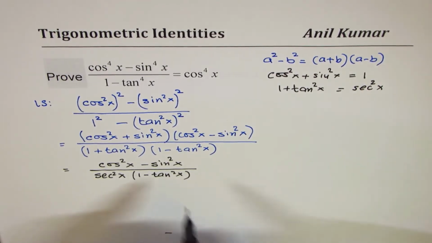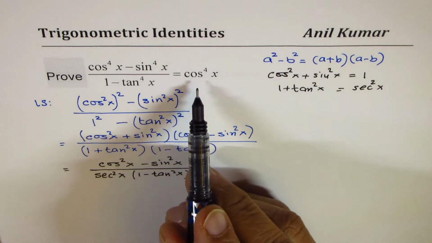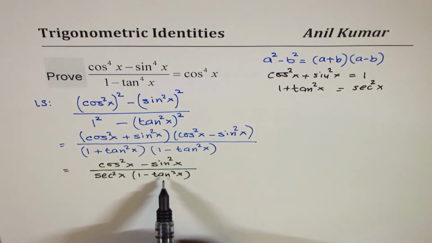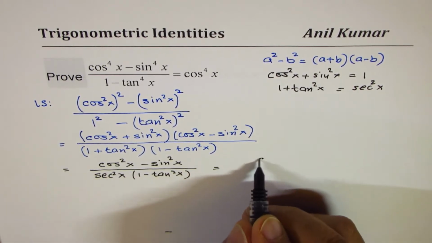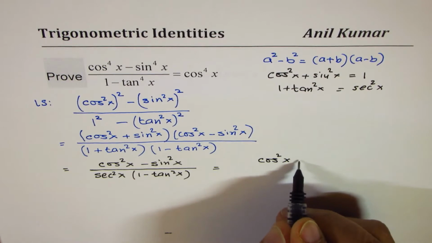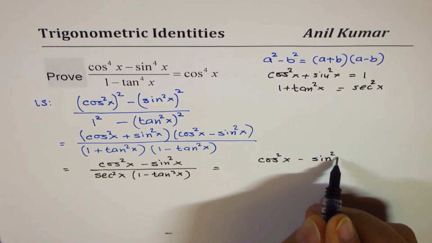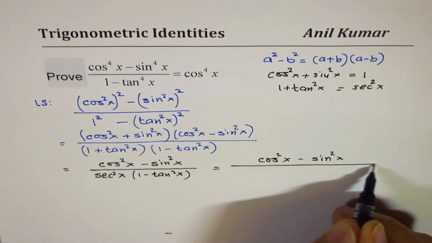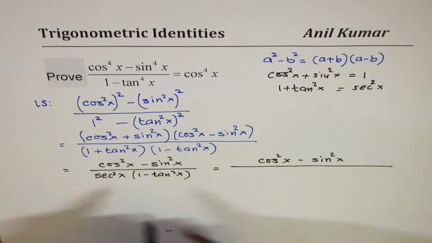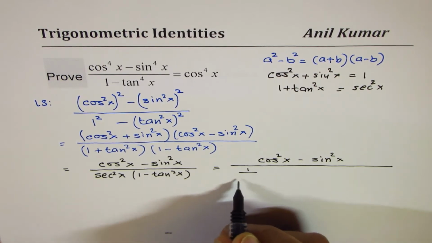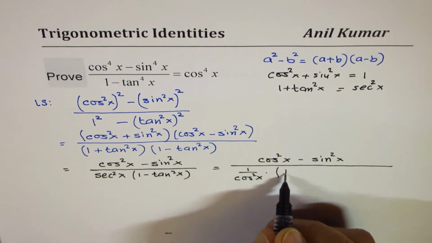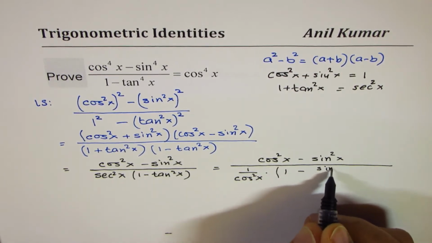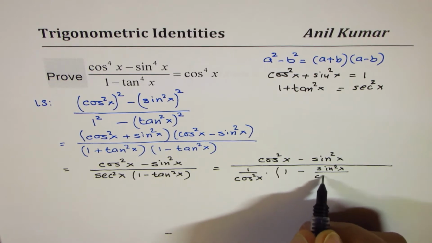Correct? Now since everything is in cos, it's a good idea to write tan and secant also in terms of cos. So we could write the numerator as such, cos square x minus sine square x, and in the denominator I'll write secant square x as 1 over cos square x, and here 1 minus sine square x over cos square x.